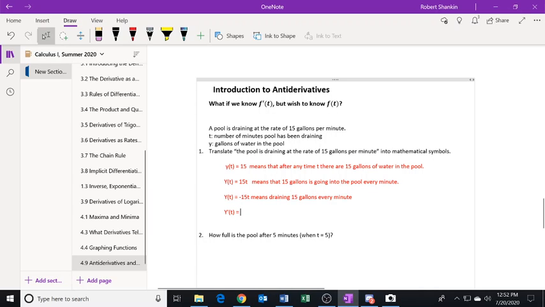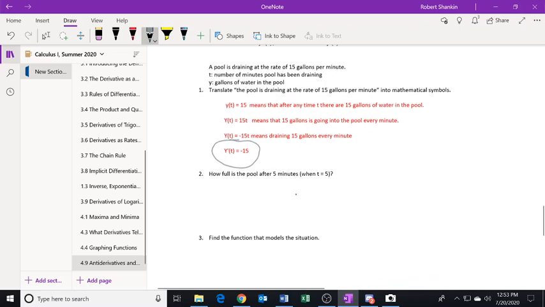Draining at a rate, the way that y is changing, its instantaneous rate of change is, and it's going out, so it's negative 15. That's the real equation. This is what we really want right here as our answer. And the solution of this equation is going to be related to the one right above it. But we have to get rid of that problem of negative number of gallons in the pool.